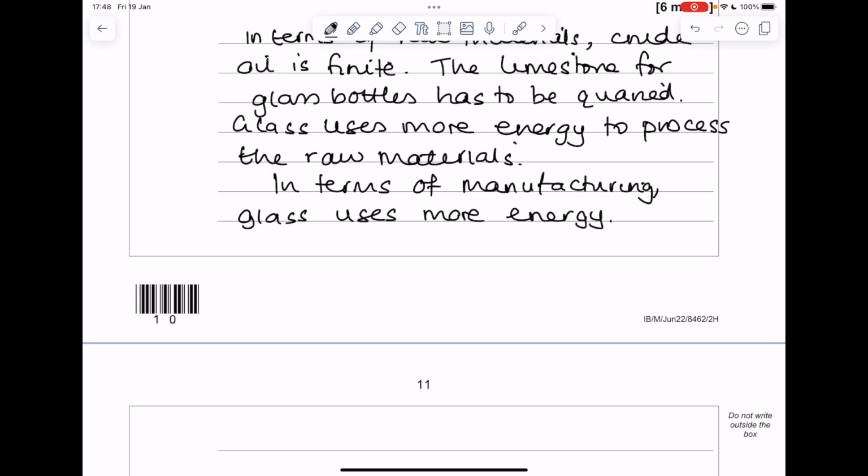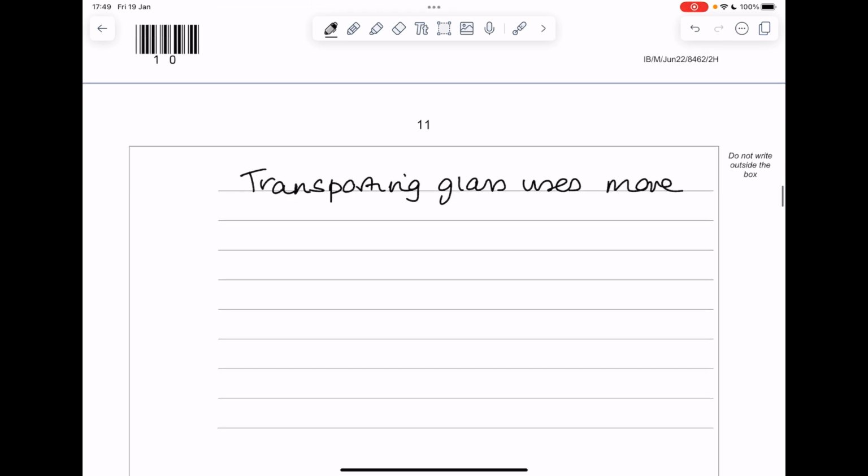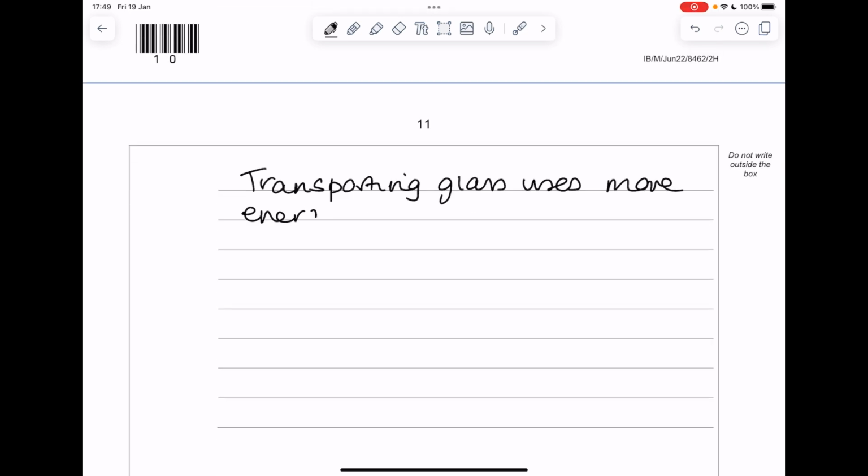Remember, the manufacturing also involves the transport. Transporting glass uses more energy because glass weighs more.